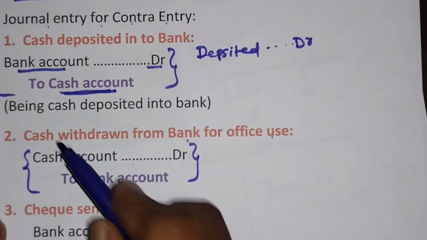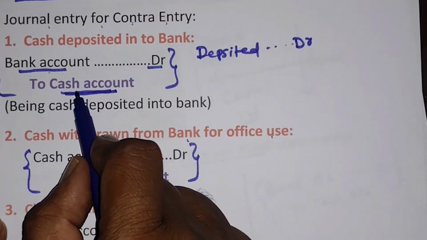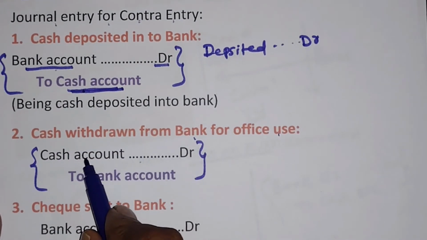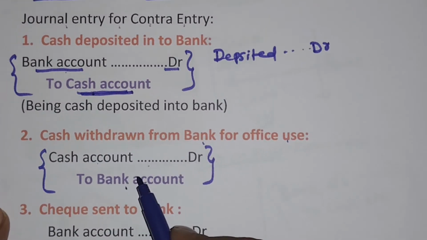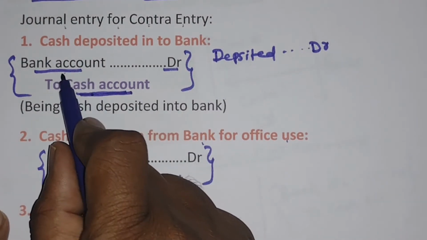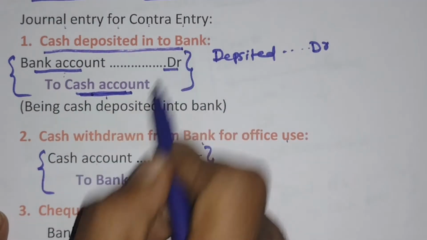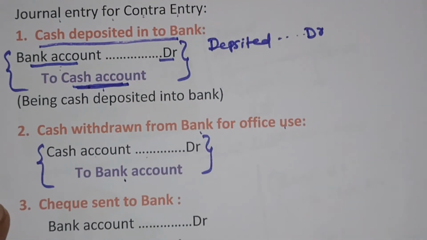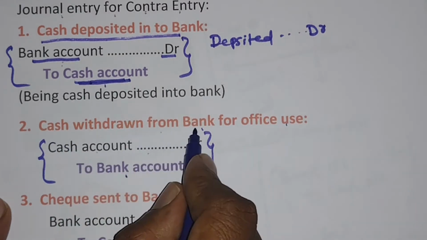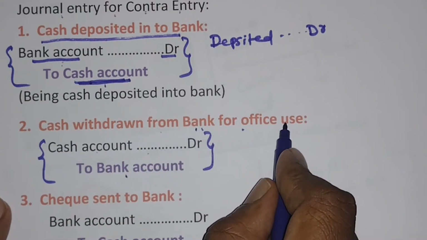One is the bank account debit to cash account, and another one is the cash account debit to bank account. So cash account debit to bank account means cash deposited into bank, and bank account debit to cash account means cash withdrawn from bank for office use.